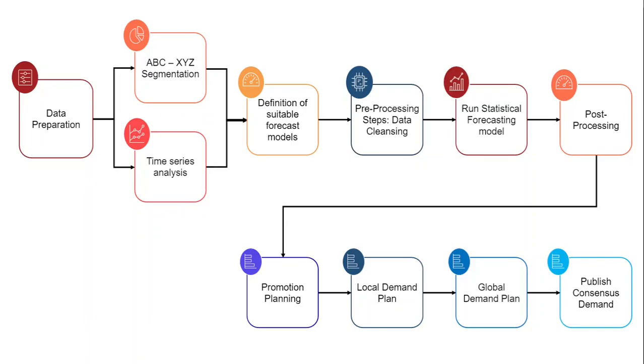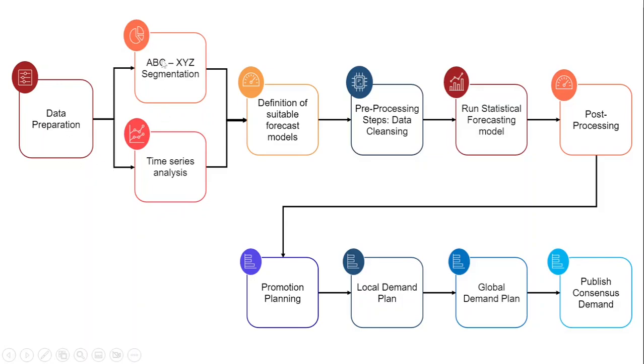So this time series analysis, or what we call forecast automation, gives you a lot of information on how to do the forecasting, or which forecasting algorithms you need to select to get better accuracy.